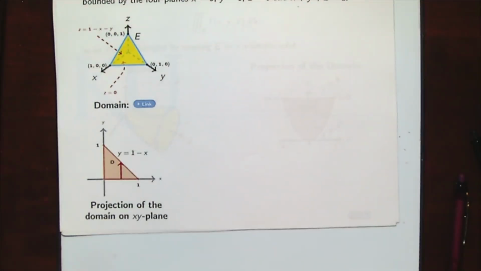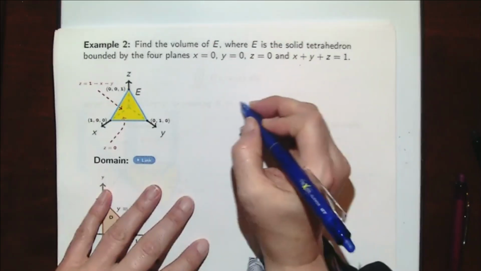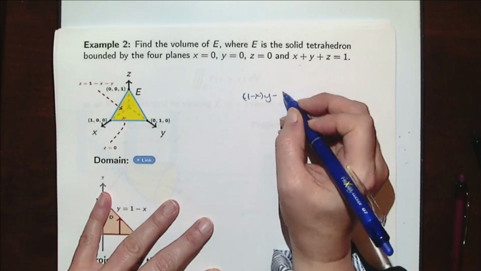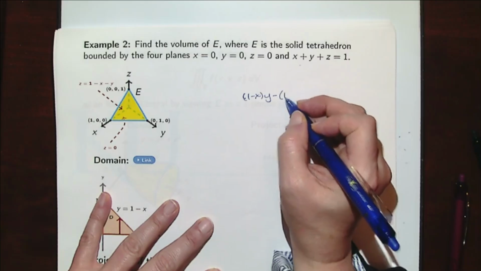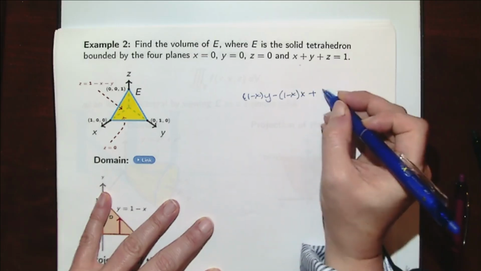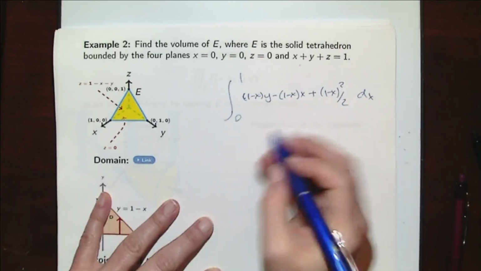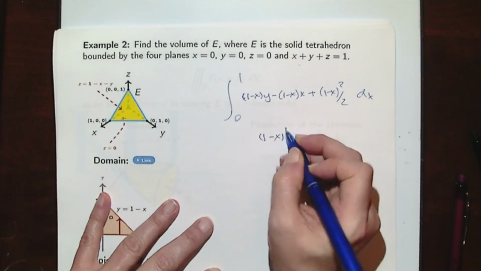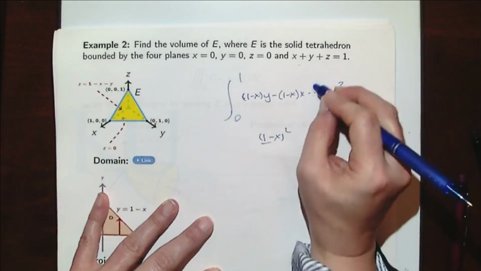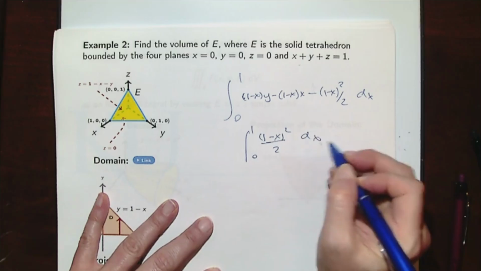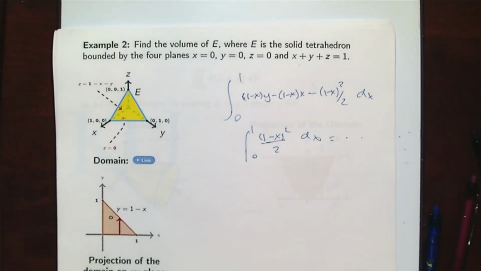And so I get basically 1 minus x times y minus 1 minus x times x plus 1 minus x to power 2 divided by 2, 0 to 1 dx. This is going to end up to be 1 minus x to power 2 divided by 2, 0 to 1 dx, and you get the answer. Fair game? Are we there still?